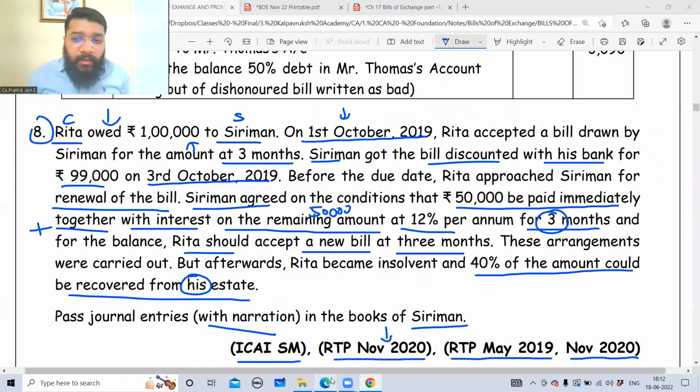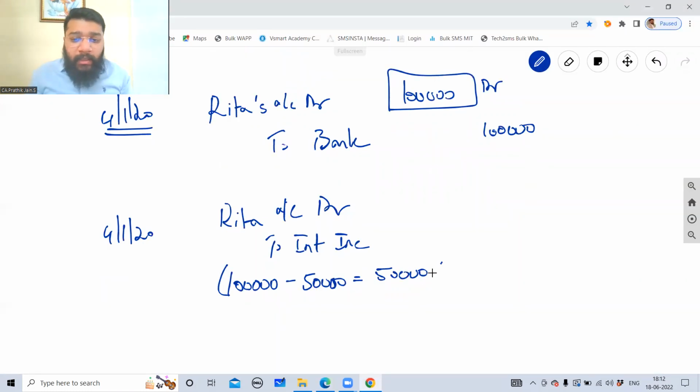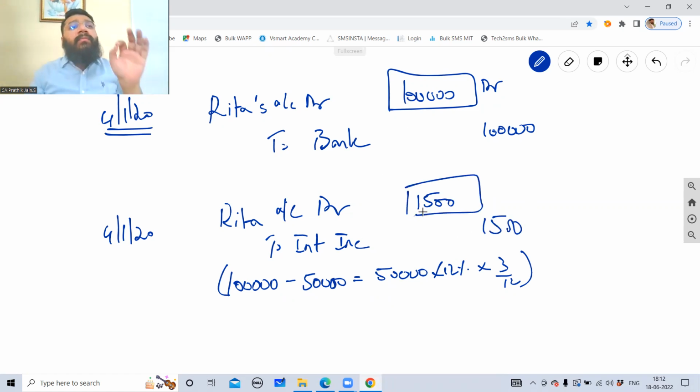So 50,000 into 12% into 3/12. So what is the interest? 1,500. So Rita debit 1 lakh, Rita debit 1,500. Total 1 lakh 1,500 to be recovered.